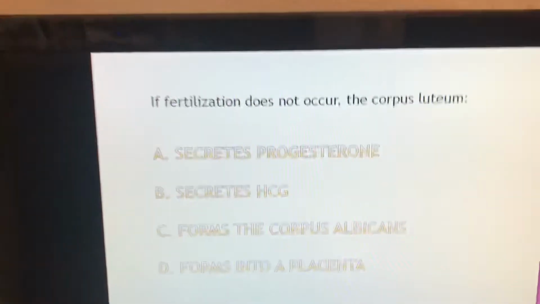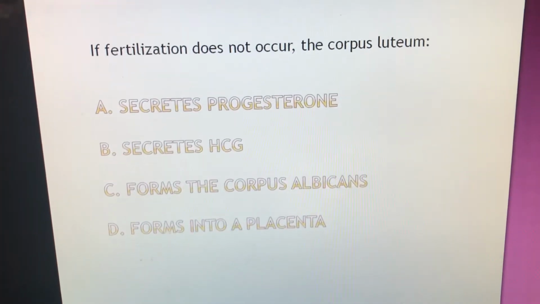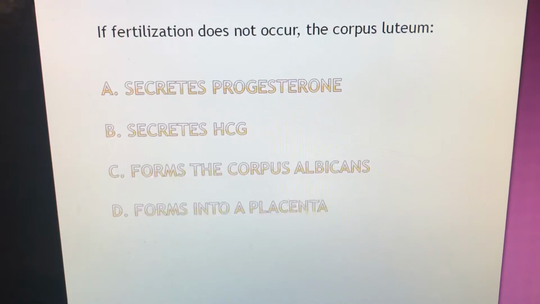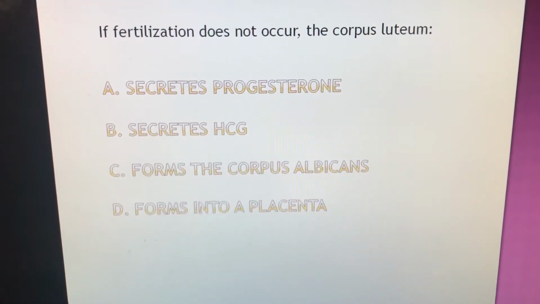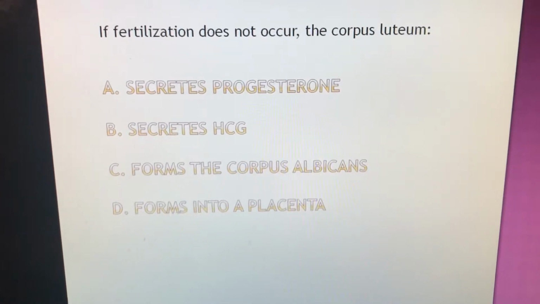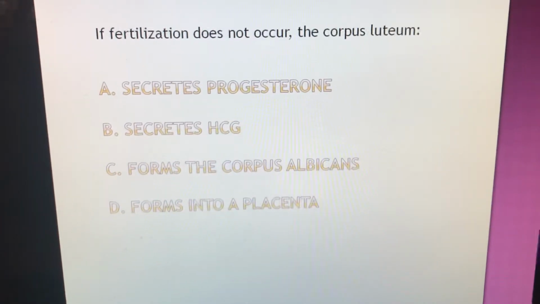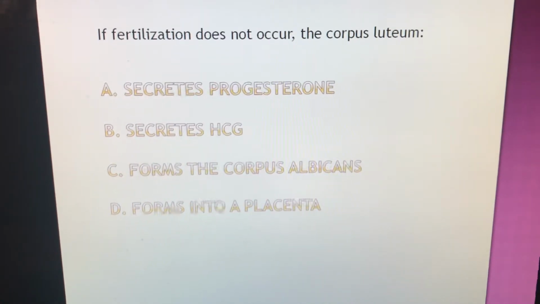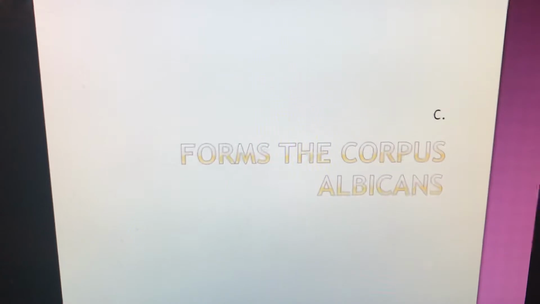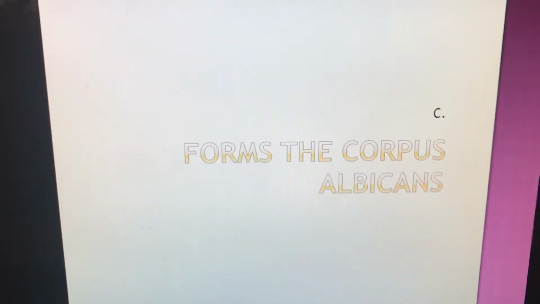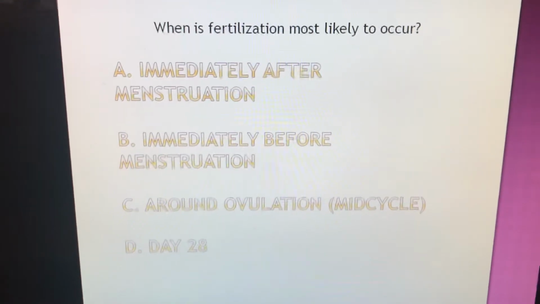Okay, multiple choice. If fertilization does not occur, the corpus luteum: A, secretes progesterone, B, secretes HCG, C, forms the corpus albicans, or D, forms into a placenta. C, forms the corpus albicans. When is fertilization most likely to occur?